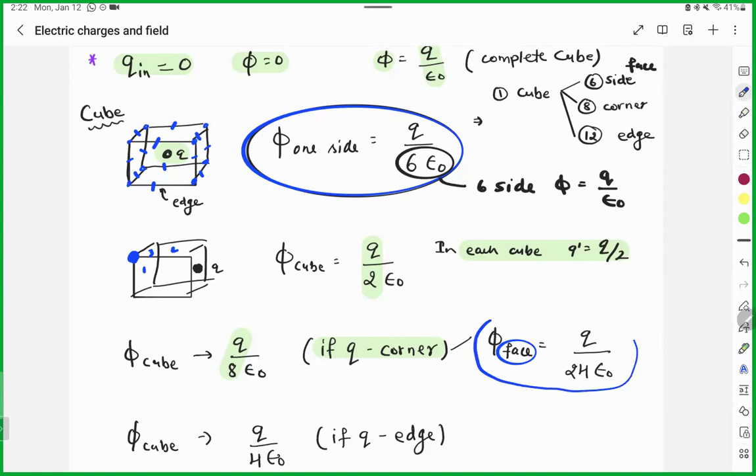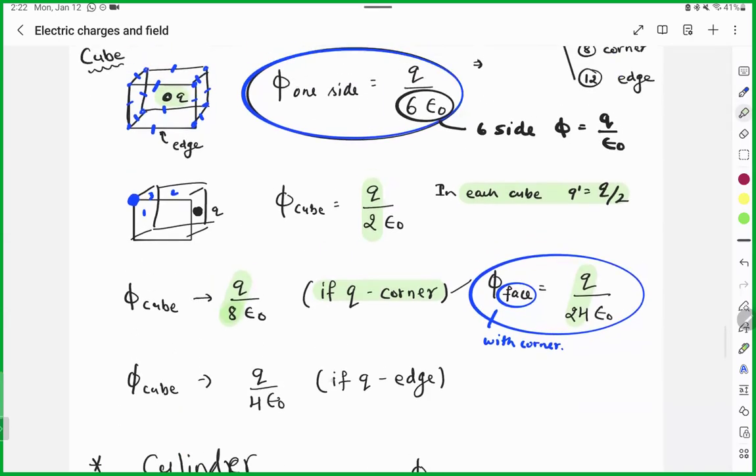So if you consider a face with corner, then Q by 24. Any doubt? Because it is distributed in three faces, and each face has only Q by 8. Any doubt, guys? No, sir.